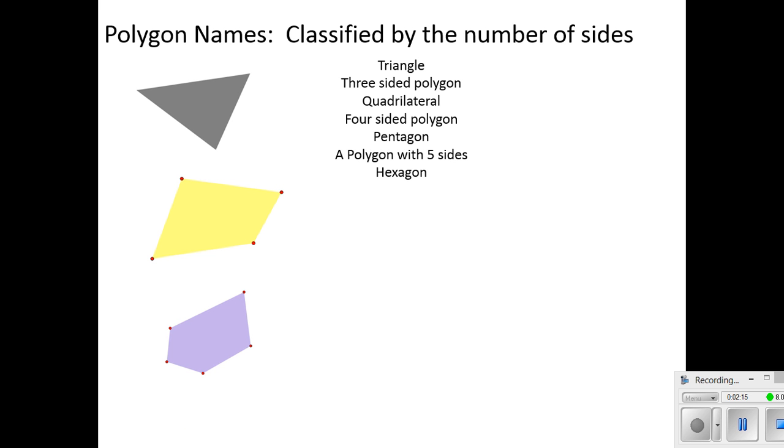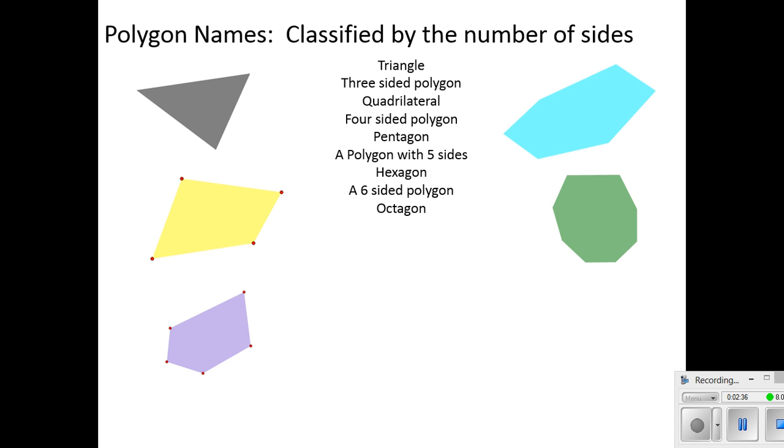Pentagons, 5 sides, 5 angles. Hexagons, 6 sides, 6 angles. And of course, all the figures we're showing here are convex polygons, and that's usually what we end up talking about more often than not. But whether they're convex or concave, they can still be classified according to their number of sides.